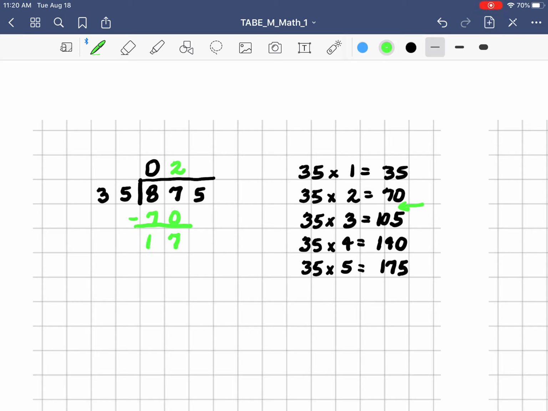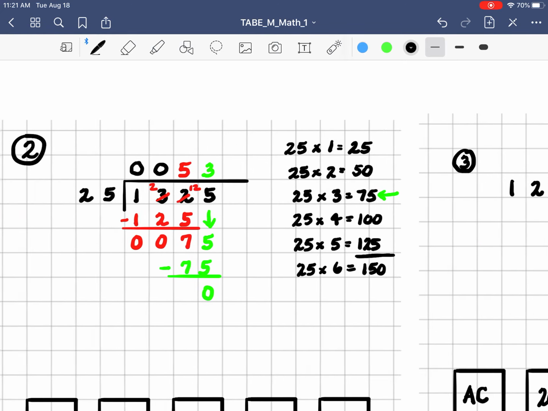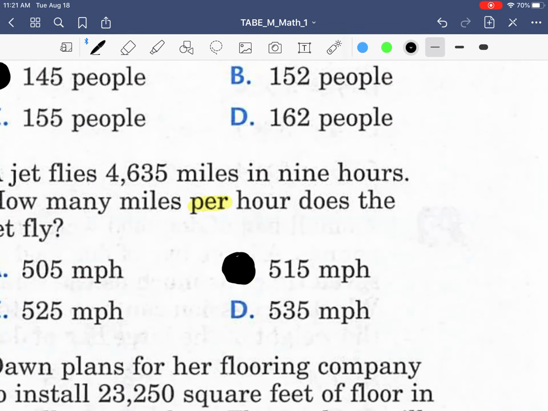Subtract carefully, and then drop the next number, the 5. 35 into 175 is 5 times with no remainder. So it looks like our answer is 25 of those, or 25 pounds per container.